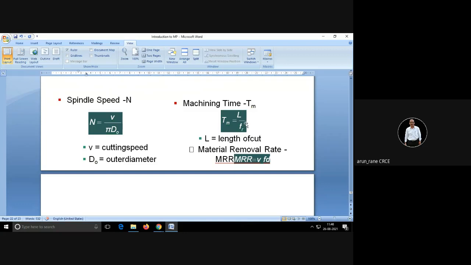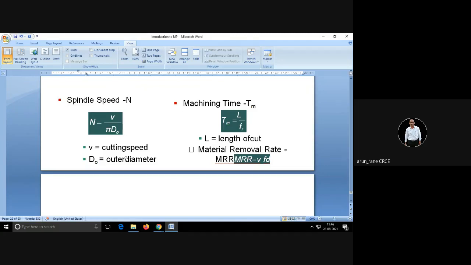So millimeter divided by millimeter per minute, so you will get the time in minute. If the feed rate is in millimeter per second, you will get the time in second. But generally the feed rates are expressed in millimeter per minute, so that machining time you will get in minute only.